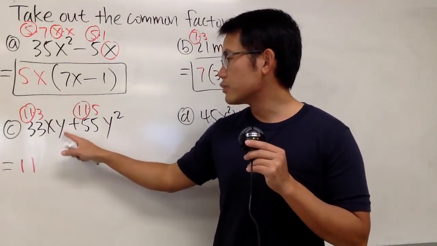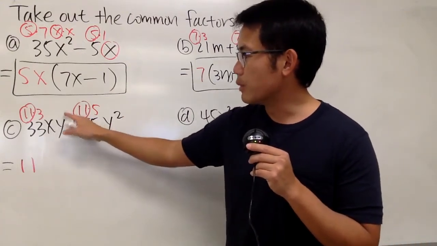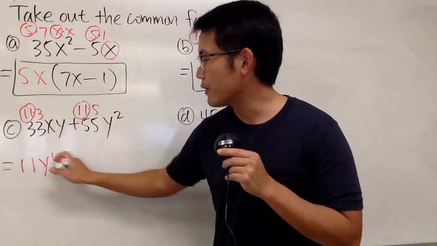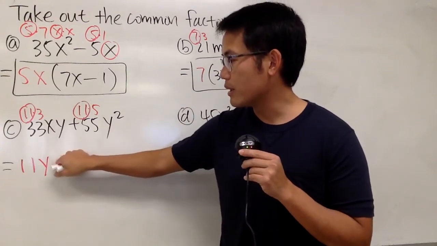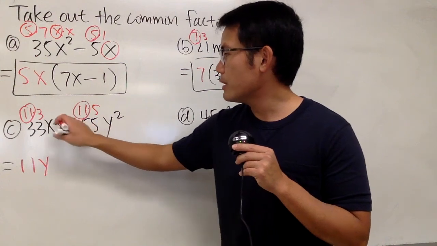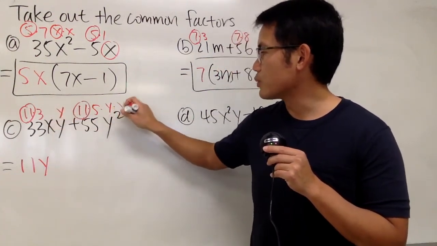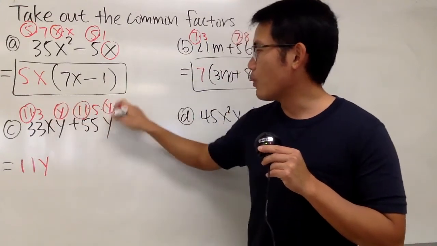And for the y, this is y to the first, this is y to the second. Again, factor out the y with a smaller exponent, namely y to the first. And you don't have to put down the 1 for the power if you don't want to. And you see, if you would like to do the following, you can just say, we have the y right here, and the y squared means y times y. So this y and that y is in common.